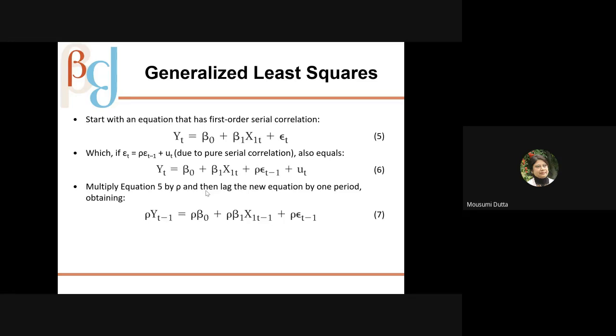Here there is a change in the notation. I marked this change before the class, however, I didn't change it. For your convenience, you will keep u t for the error in the original model, and here you will consider the term epsilon t, which we did in the first few equations.